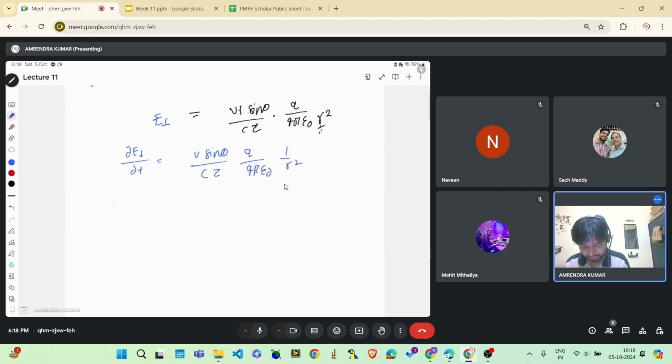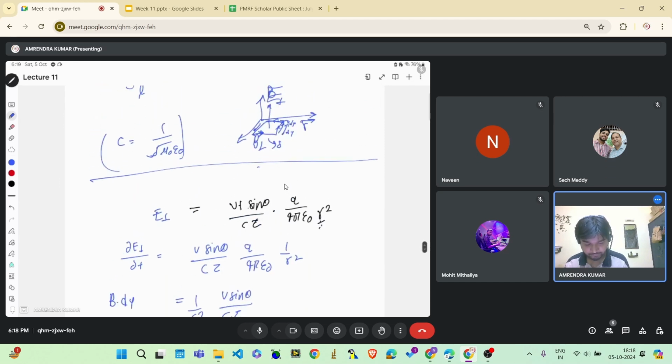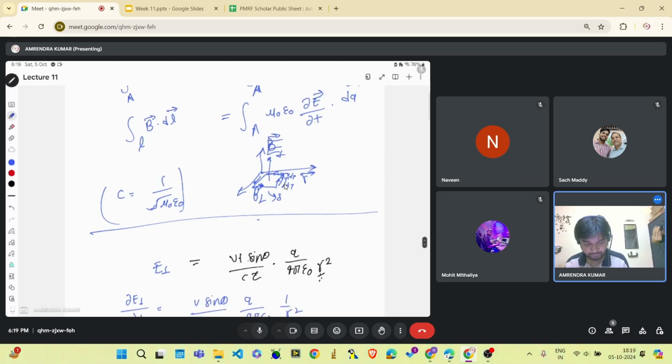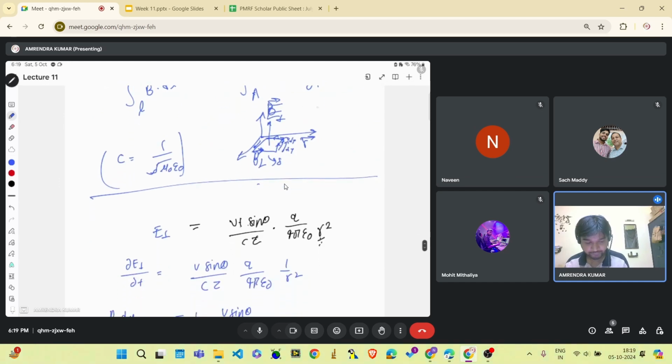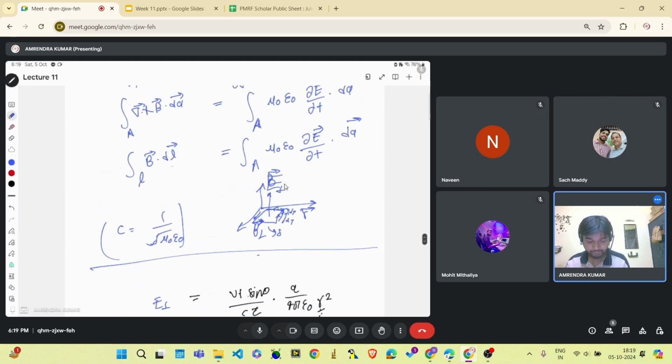Now this B dot dl was, so the dl that survived was dy. So it will be B sine theta, C tau, and 1 over C square due to mu 0 epsilon 0. And the del E over del T we have calculated. So we have B dot dl and then B dot dA.